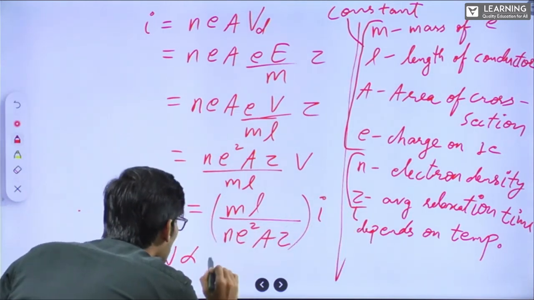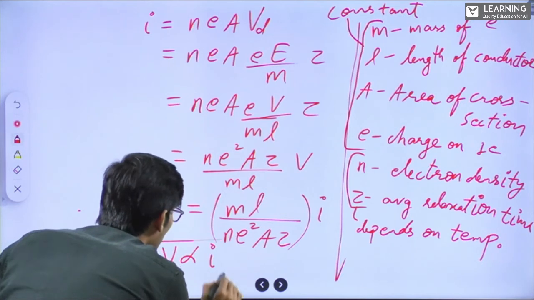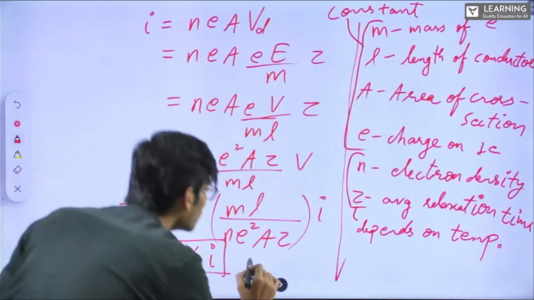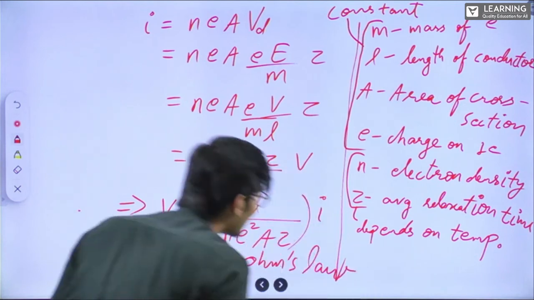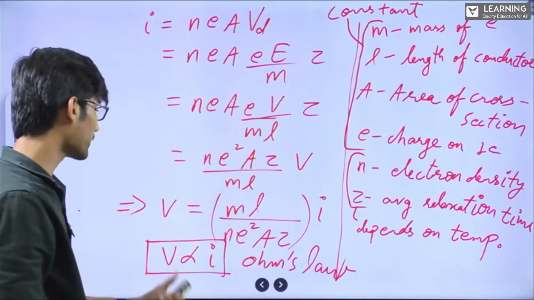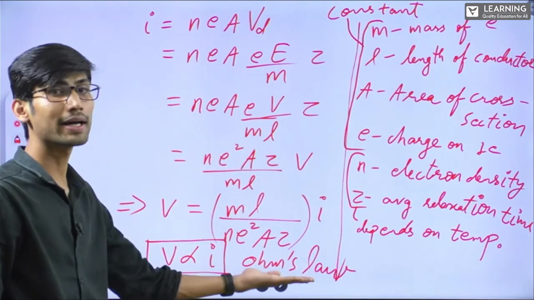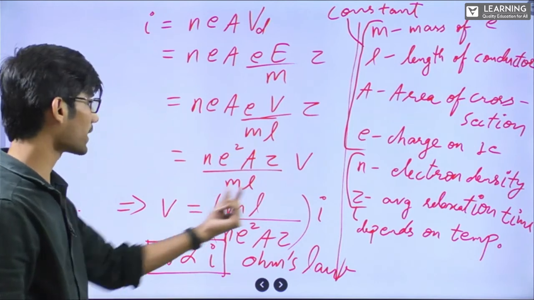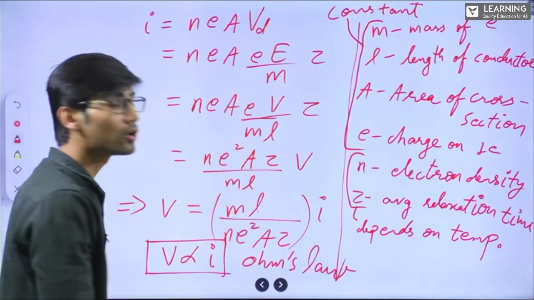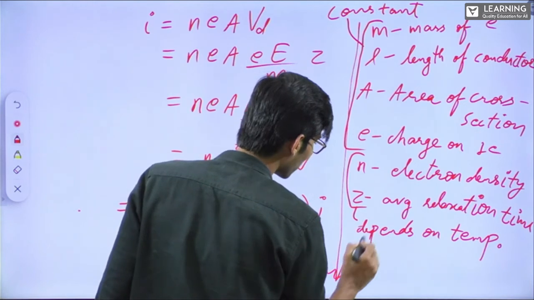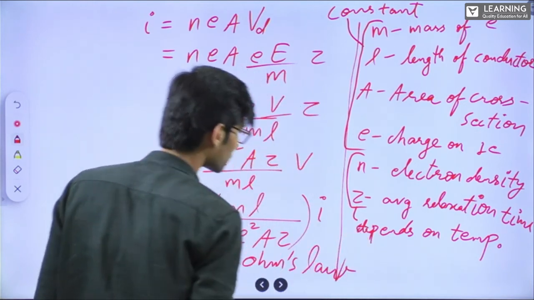V is proportional to I. Ohm's law. You have studied Ohm's law in 10th standard, right? This is how it is. V is proportional to I. Ohm's law says V is directly proportional to I, or I is directly proportional to V, keeping all the physical conditions constant, keeping the temperature constant.